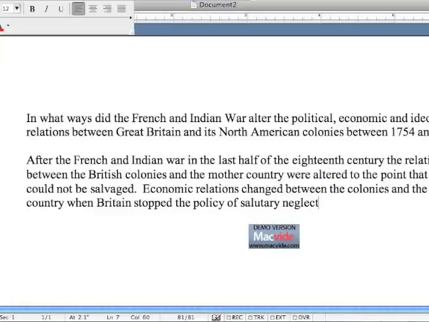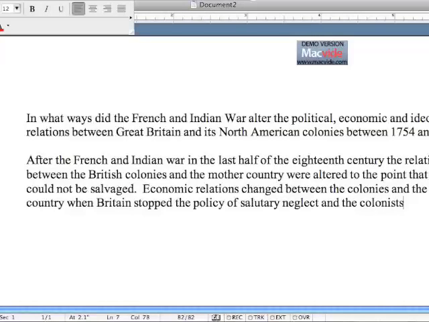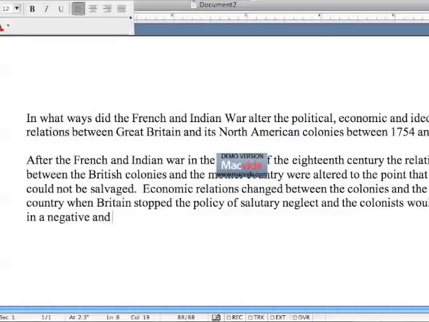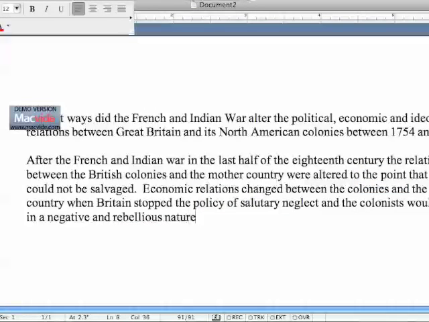So, if I want to finish off the sentence, I'm going to say, and the colonists would react in a negative and rebellious nature. Oops, I can't spell. Rebellious nature. So that goes from a simple thing of saying economic relations change between the colonies, period, to telling me why.